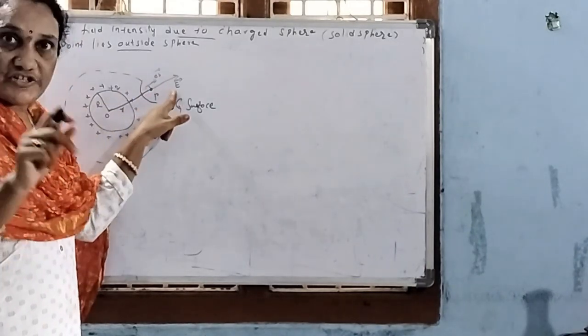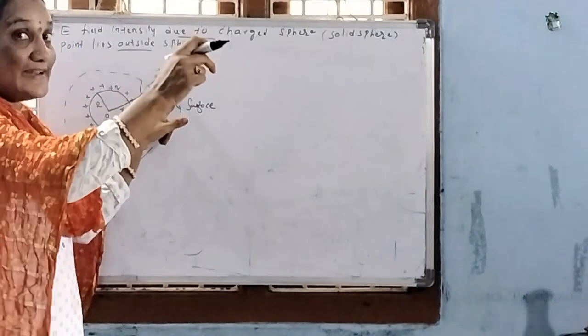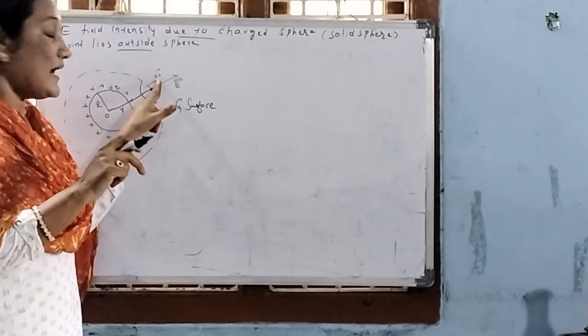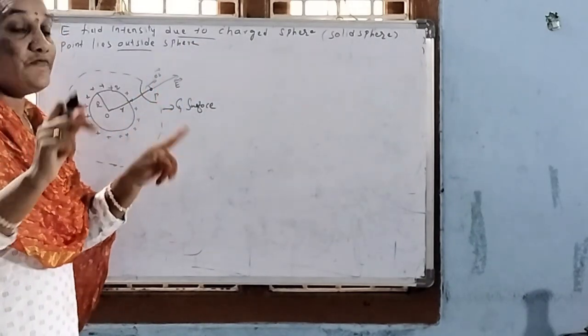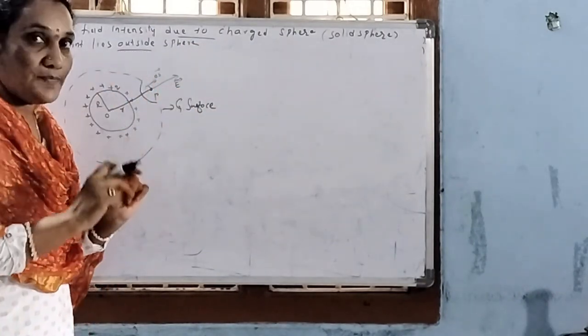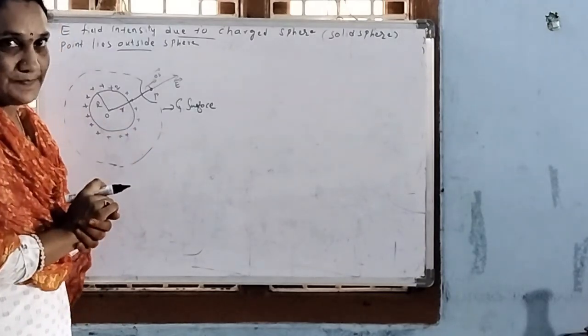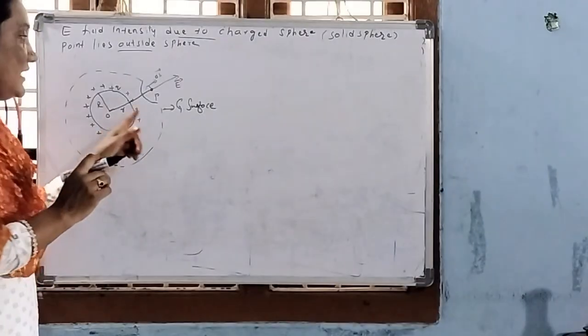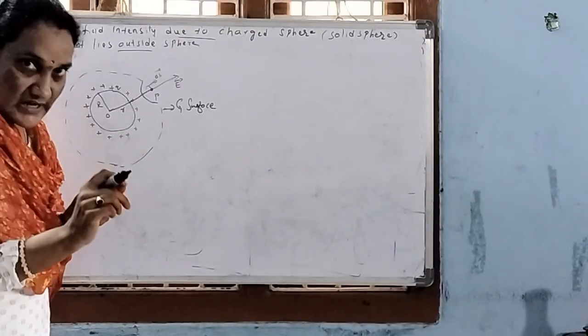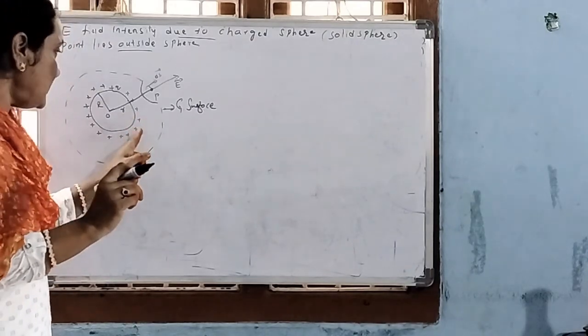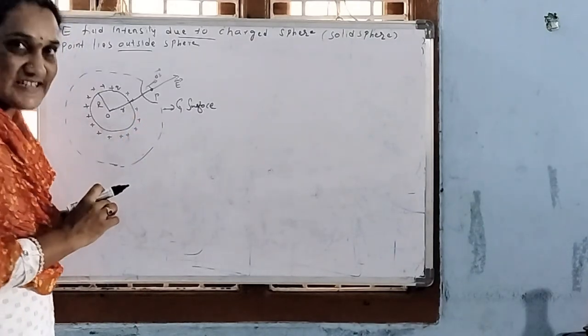Now, the direction of the electric field is radially outwards, and the direction of vector ds will be along the outward normal drawn to the surface. First, let us write the total flux passing through this Gaussian surface.